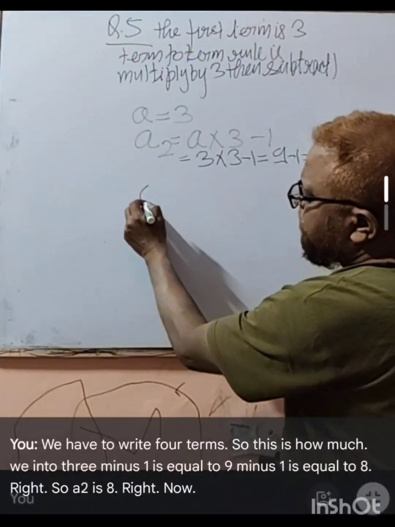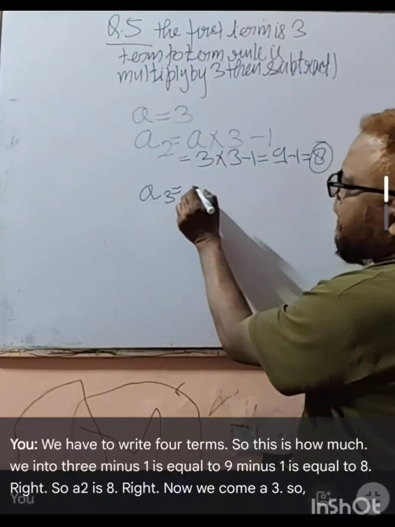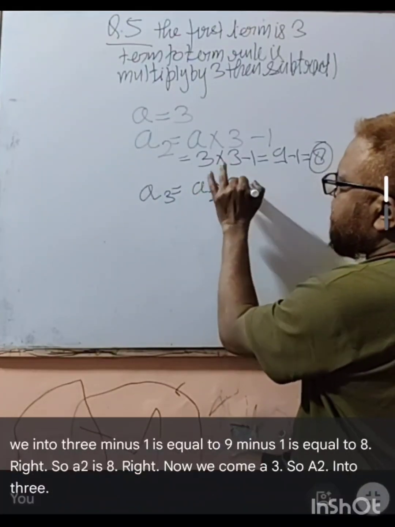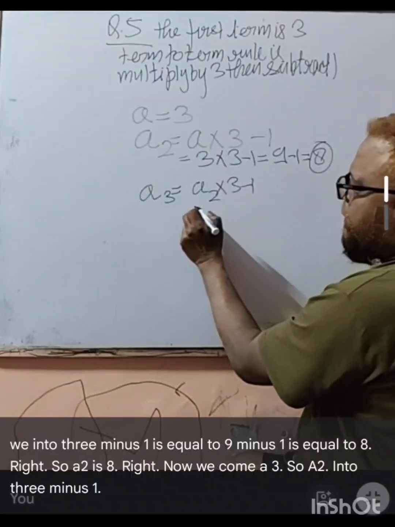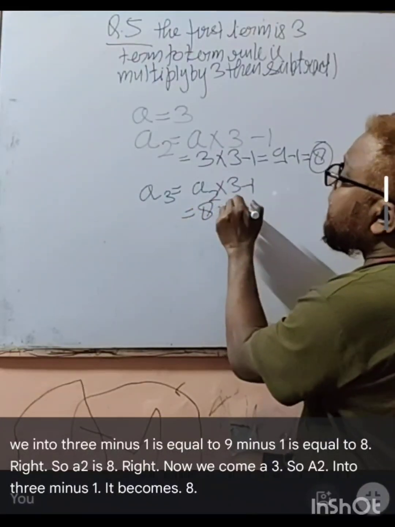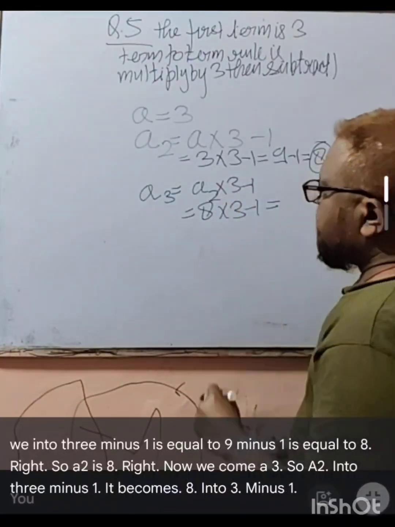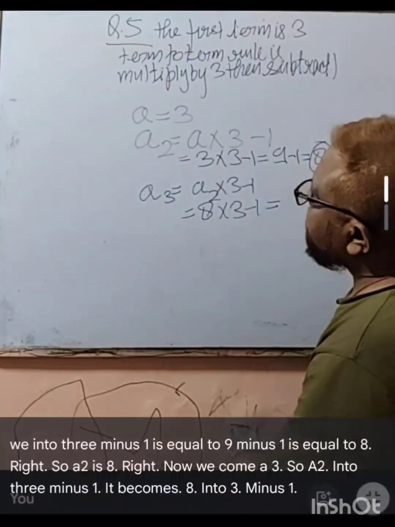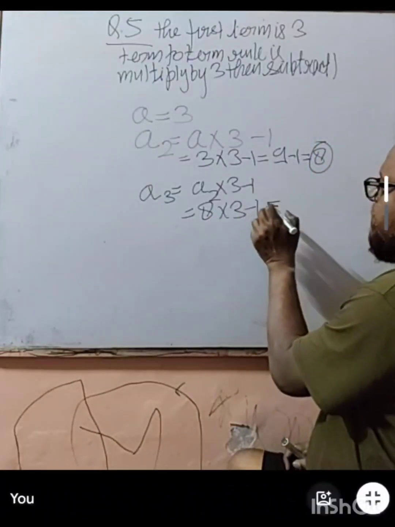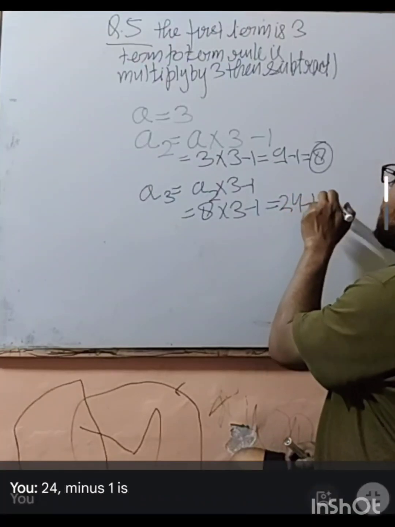Now we come to A3. So A2 into 3 minus 1 becomes 8 into 3 minus 1, 24 minus 1 is equal to 23.